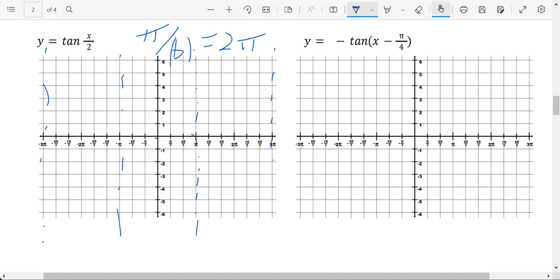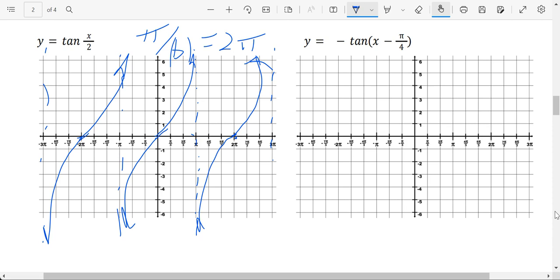So I still have intercepts at 0, 2 pi, negative 2 pi. And then it's going to do one of these. And they never touch the asymptotes, but they get very, very close to them as they approach infinity.